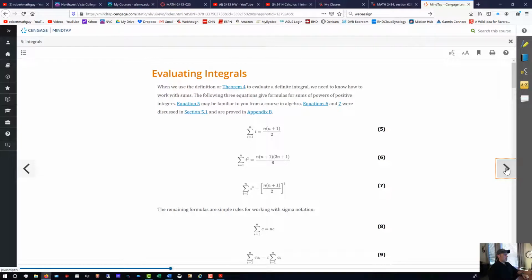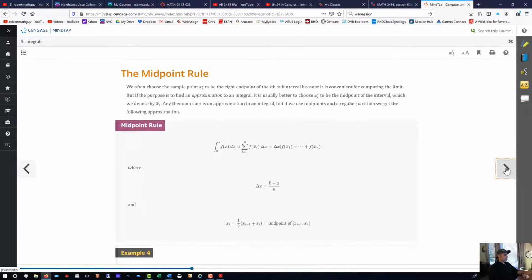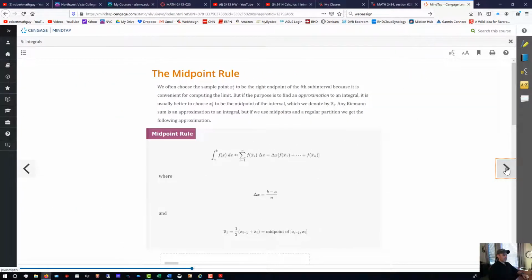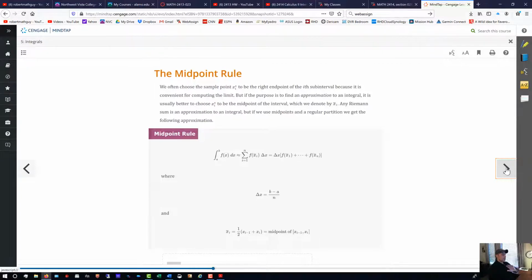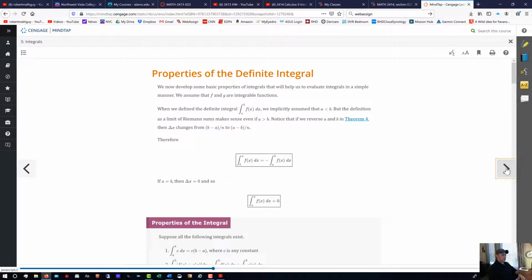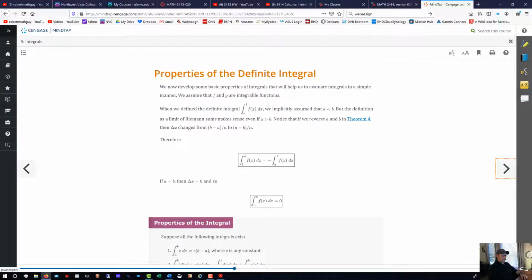What I'm trying to get are the problems at the end. Now remember, you're doing all your homework through WebAssign, but there should be a problem set here at the end of this section.